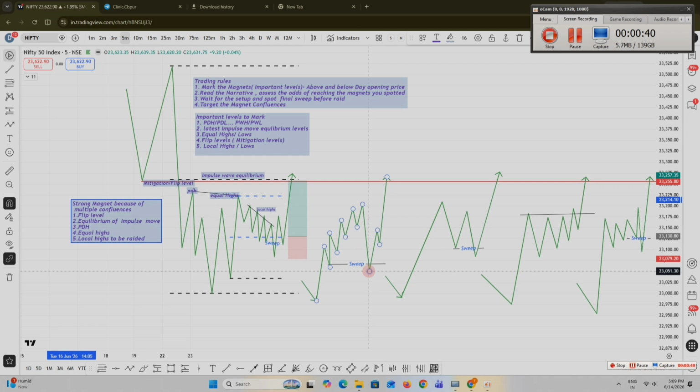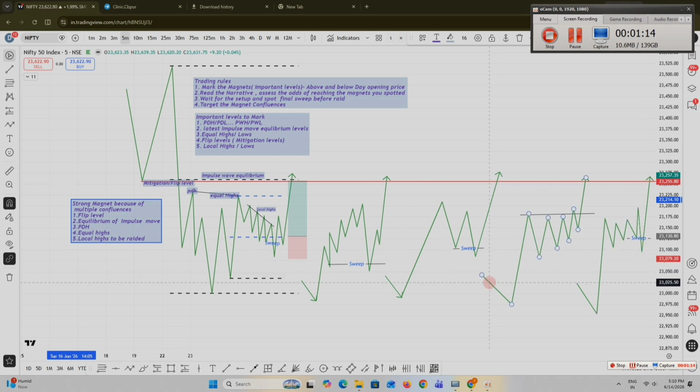It makes a sharp V reversal towards the target, and sometimes without much swing formation, with just two identical swing formations and one sweep, it reaches the target. Sometimes it forms a classic pattern formation, an ascending triangle or a pennant breakout like this, but usually I don't prefer this one. And sometimes the market can be choppy like this. It makes one final sweep and reaches the target.